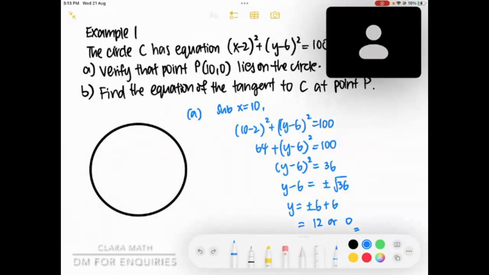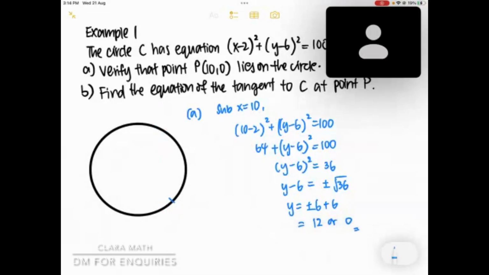Okay, find the equation of the tangent to the circle at point P. P is (10, 0). Let's say we put it here, P (10, 0). And I want to have a tangent there, a line that touches the circle at one point.